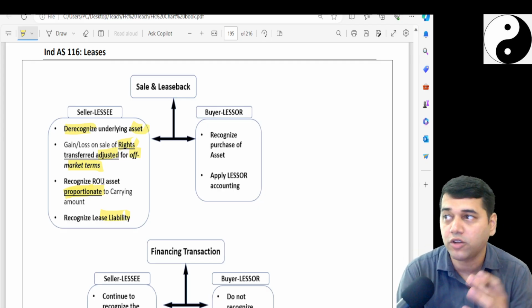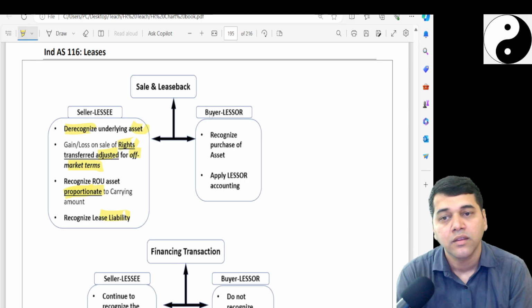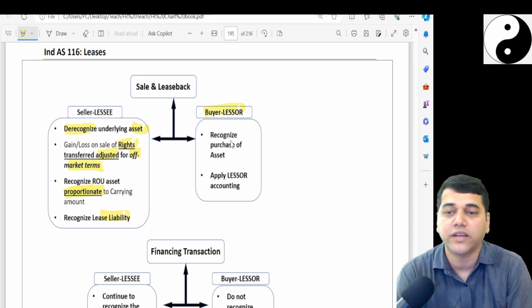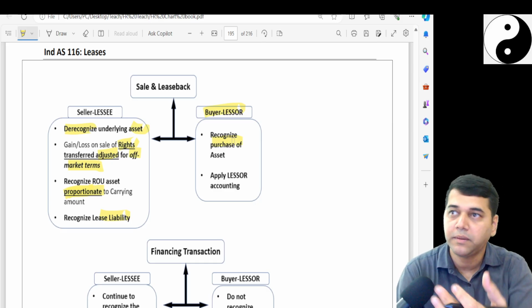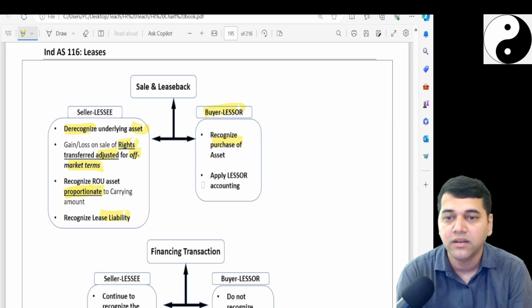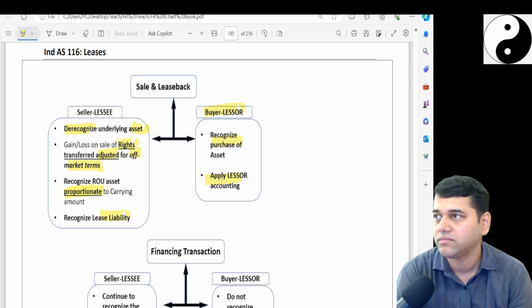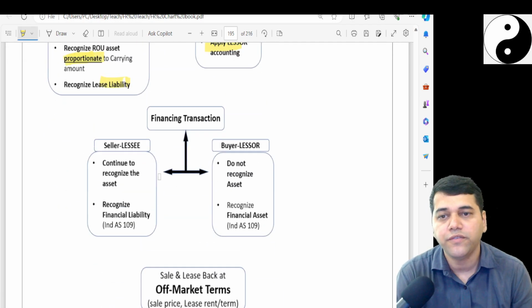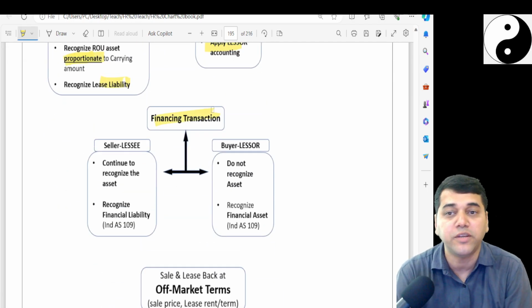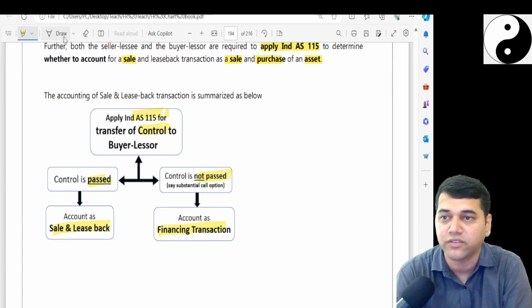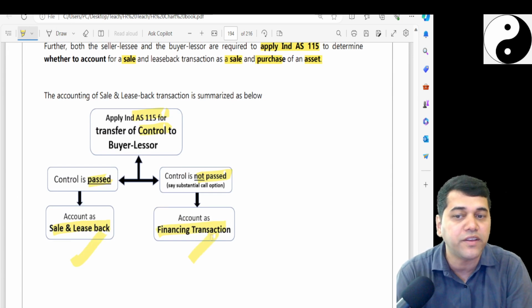You have to understand the logic behind it. Now, in case of the buyer-lessor, you recognize the purchase of the asset, say asset account debit to bank, and then apply your lessor accounting, operating lease or finance lease or whatever. Now, if it happens to be a financing transaction, because there are two things now, it will be sale and leaseback or financing.